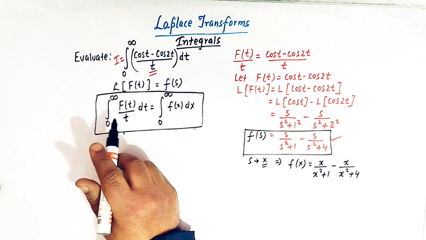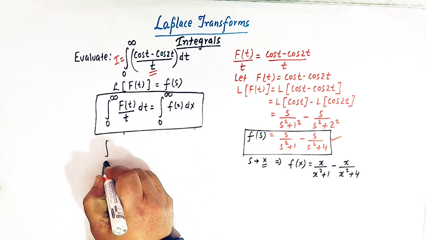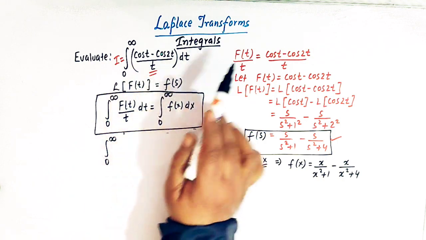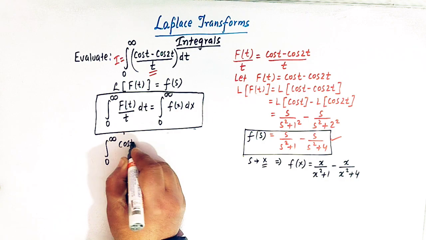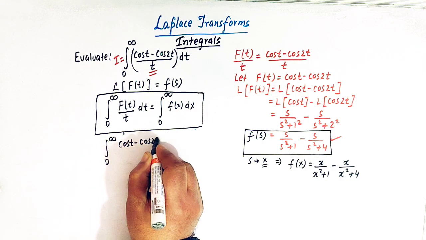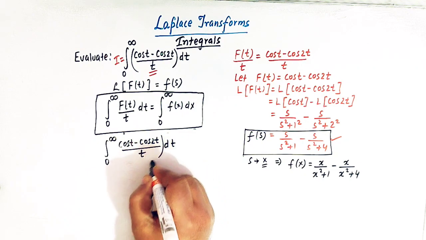So now let us substitute the values in this result. So we have 0 to infinity, f of t is our function (cos of t minus cos of 2t) divided by t, and here we have dt, right?